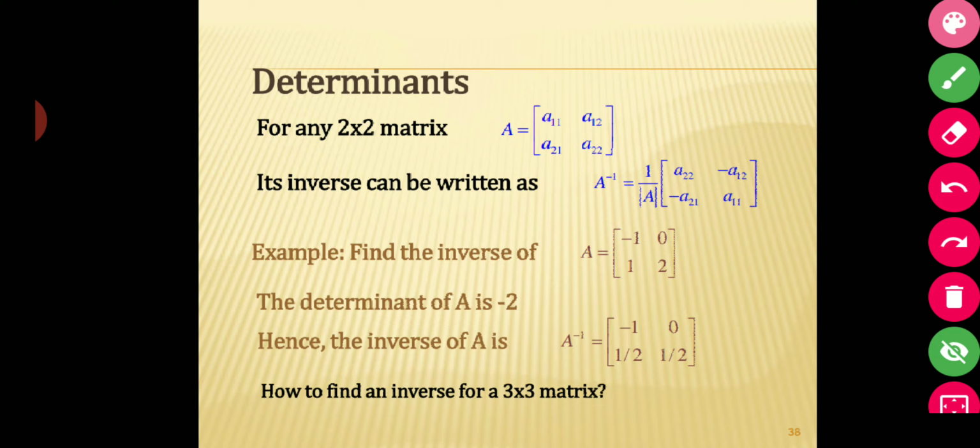Now, the inverse of a 2 by 2 matrix. The inverse of any 2 by 2 matrix is written as A inverse equals 1 upon determinant A, times the bracket a22, minus a12, minus a21 and a11.